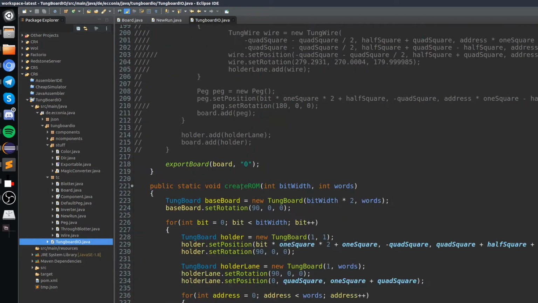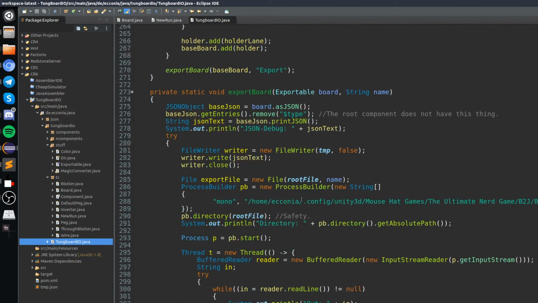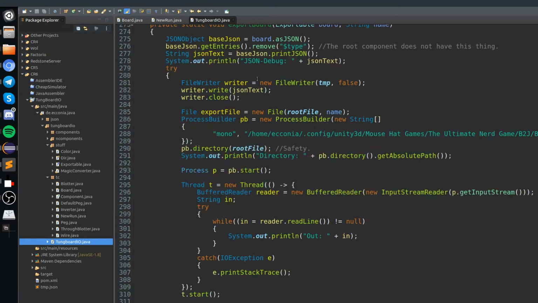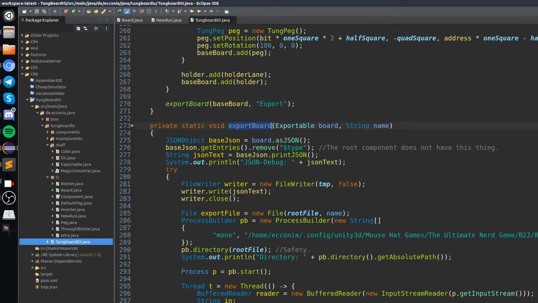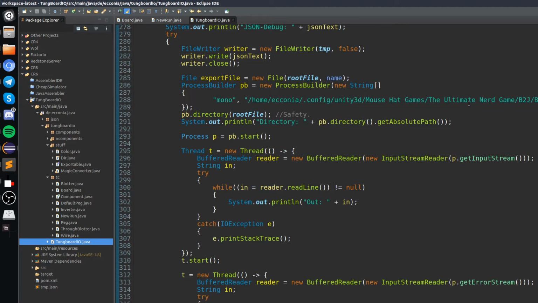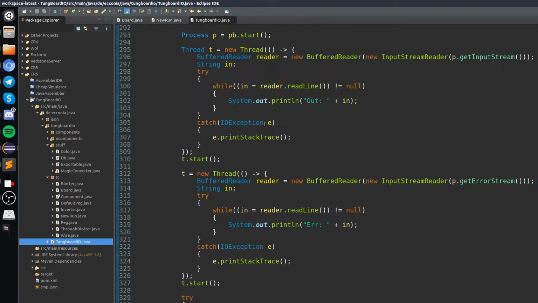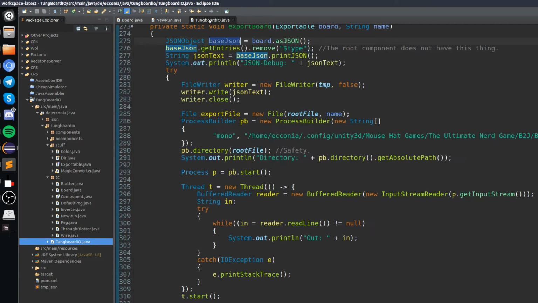And I got a bunch of create ROMs and stuff. I just did this file and started a new one because this one got messy. I just took this one with me, the export board, which basically just executes the board to JSON and converts the JSON object to whatever text, to a JSON string.